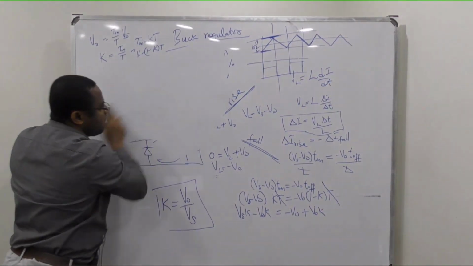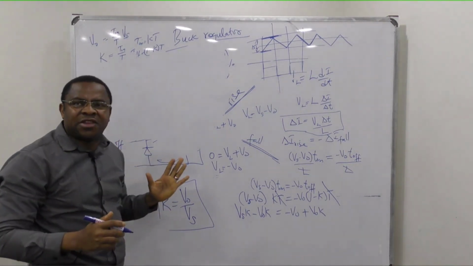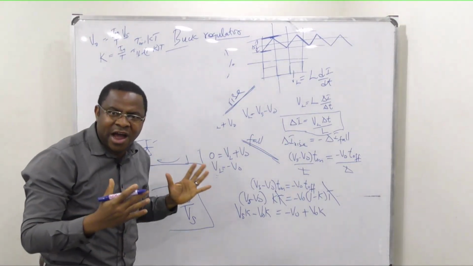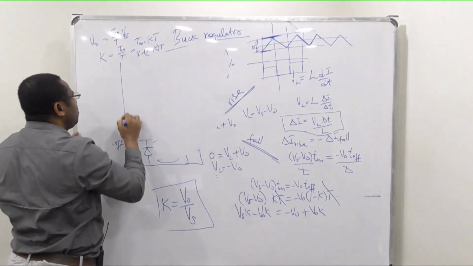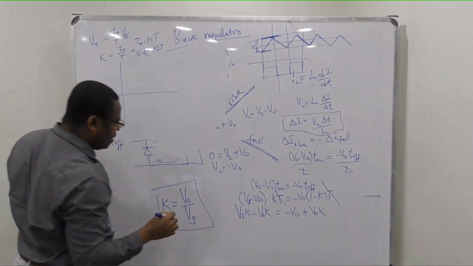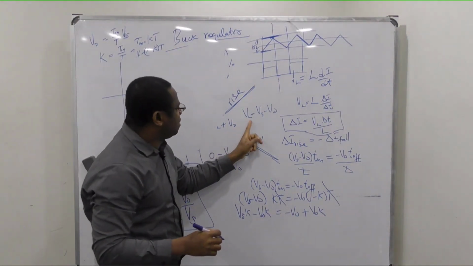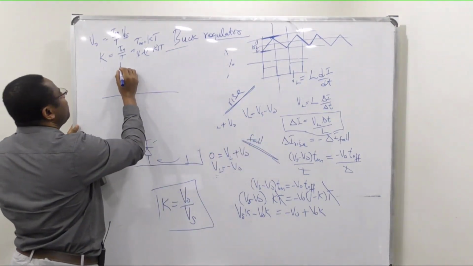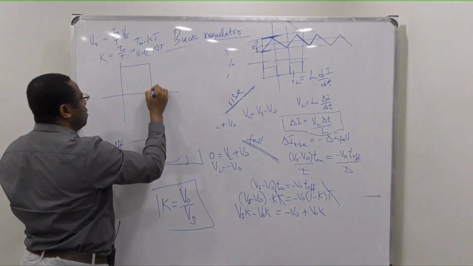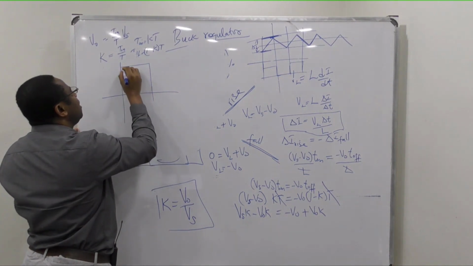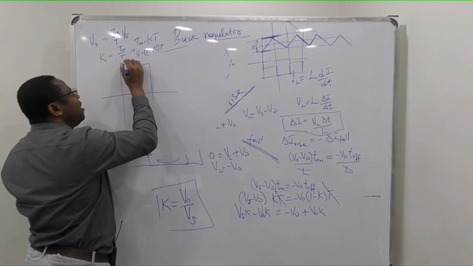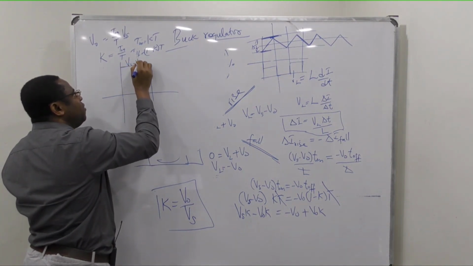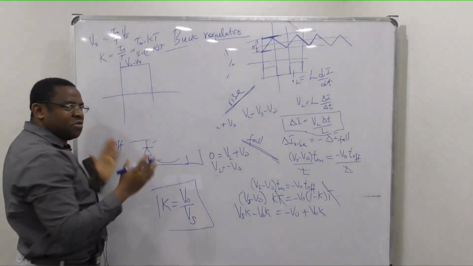Remember we said the voltage across the inductor. How will it look? The first thing, we said, look at this, Vs minus Vo. So if we have time of on here, the voltage across the inductor is Vs minus Vo when the switch is on.